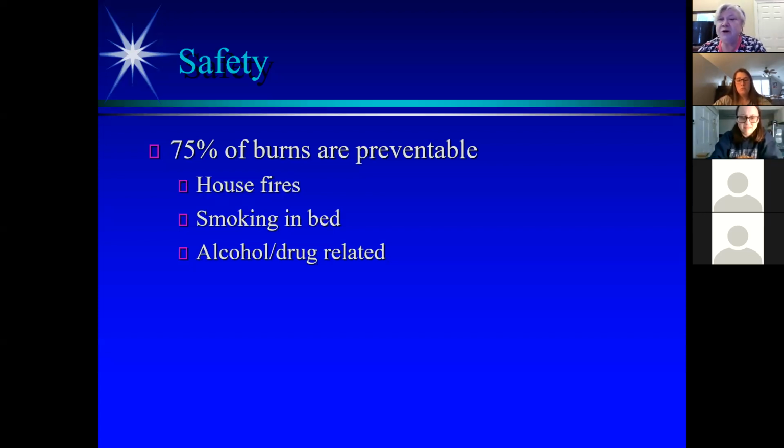So your aspirin, your ibuprofen, your naproxen, your Mobic, all your NSAIDs are, especially what is aspirin? Salicylic acid. They are very acidic.